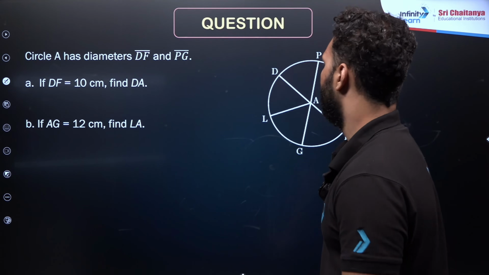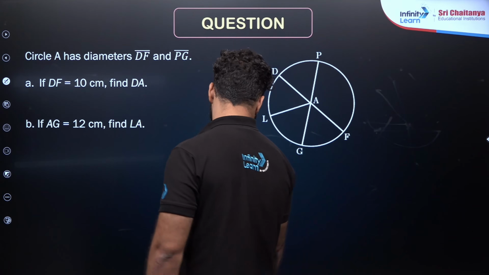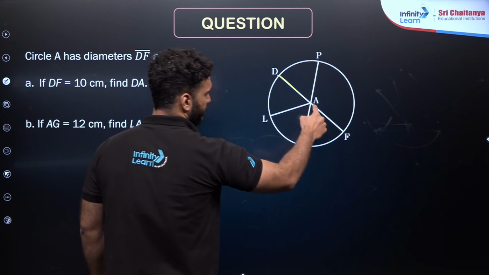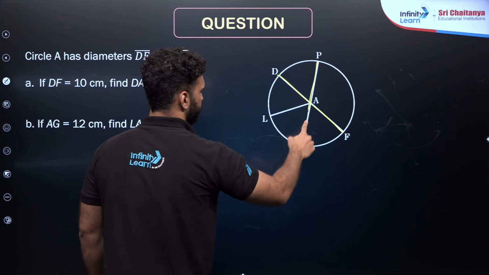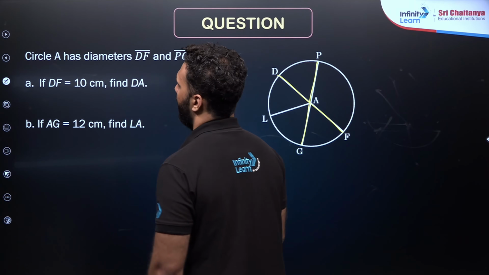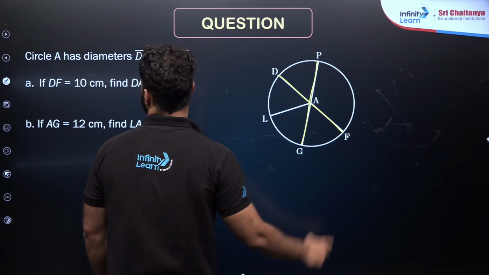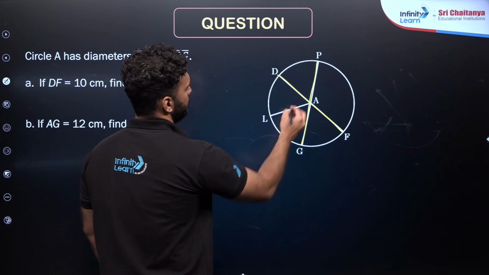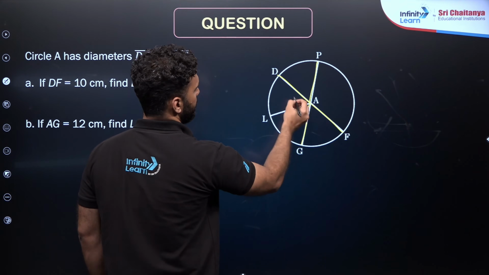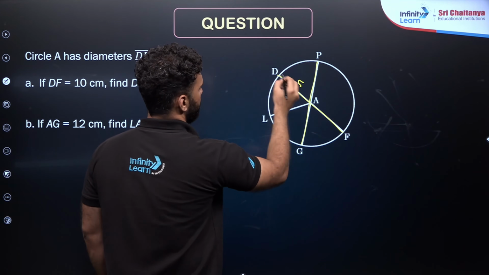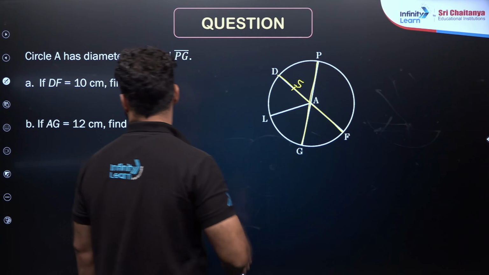Okay. DF and PG are diameters. If DF is 10, find DA. If the complete value is 10, then what about this? Sir, 5, because the radius is just half of the diameter.